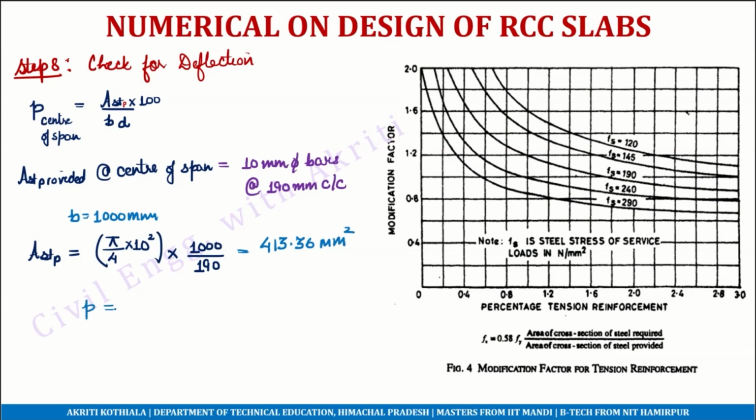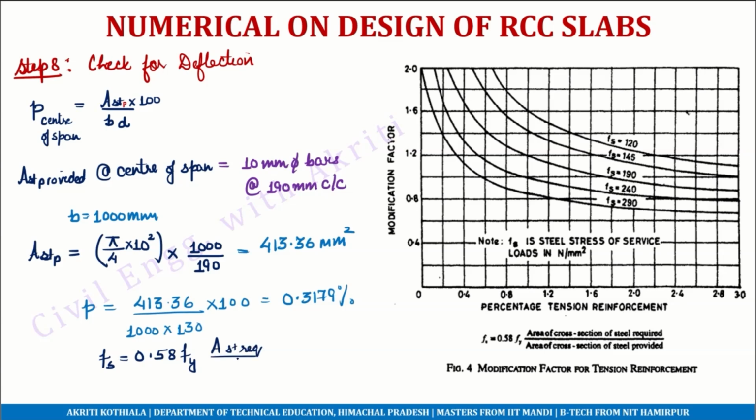So P calculates to be equal to 413.36 divided by 1000 into 130 into 100. So this is equal to 0.3179%. Now we've calculated P. We know from previous questions Fs can be calculated by 0.58 Fy into AST required divided by AST provided, again at the center of the span.